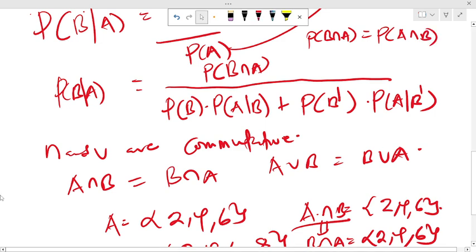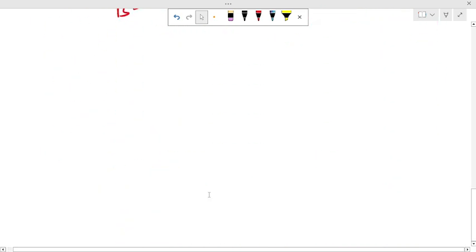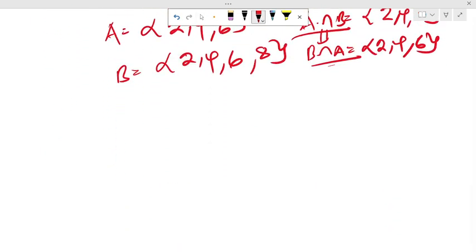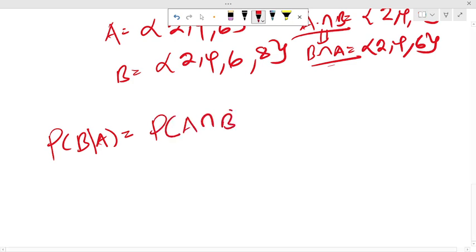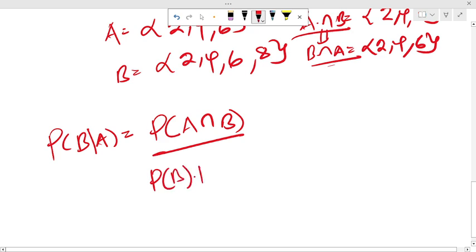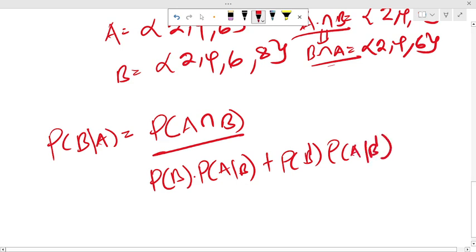So now the Bayes theorem in summary would be: probability of B given that A has occurred is equal to probability of A intersection B, all divided by probability of B multiplying probability of A given that B has occurred plus probability of B prime multiplying probability of A given that B prime has occurred, right?